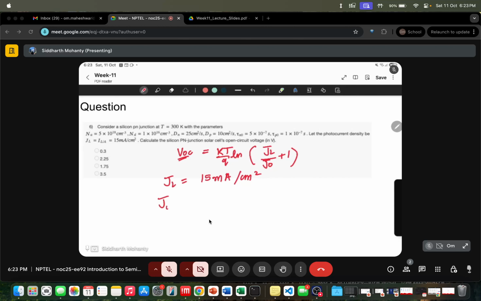J0 is the equilibrium current of the PN junction, q ni square times (Dn upon NA Ln plus Dp upon ND Lp), where Ln equals under root Dn tau n, Lp equals under root Dp tau p. So all these values are given.